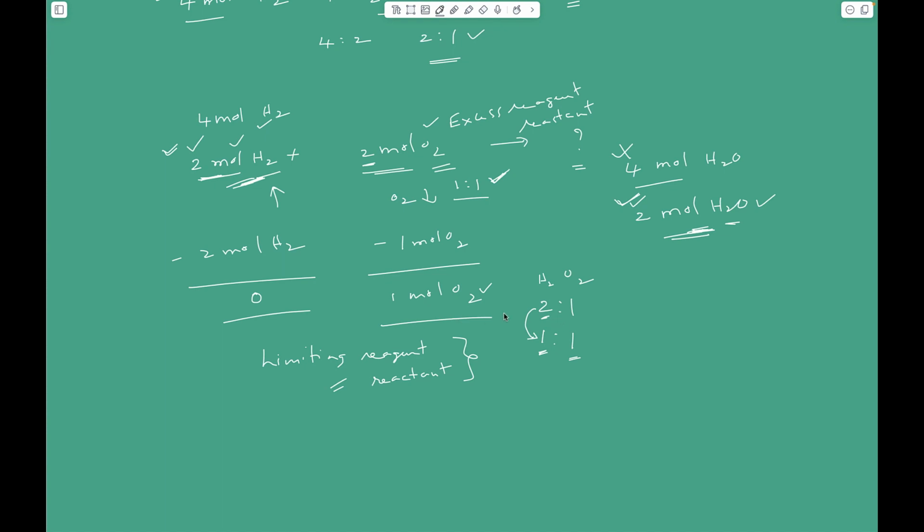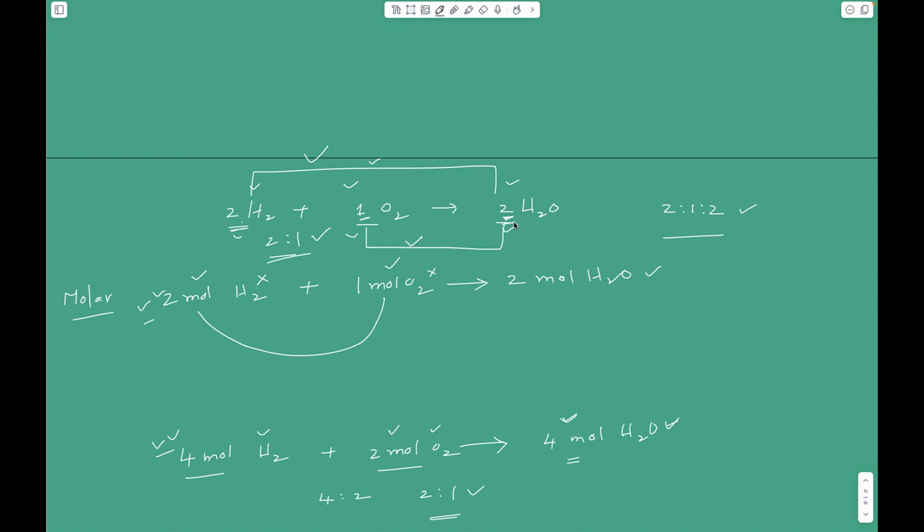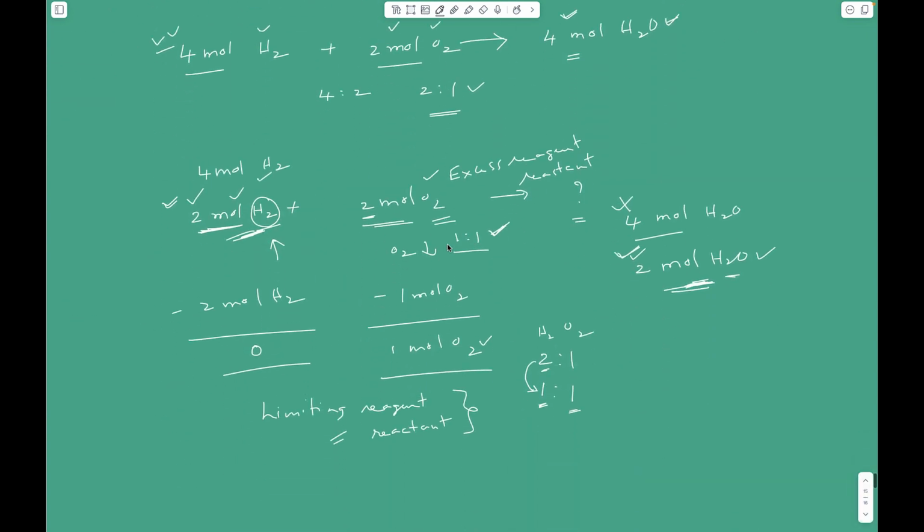Therefore, in this case, to calculate the mass of water formed, you have to use the relationship between the number of moles of the limiting reagent and the number of moles of product. So, the calculation obtained using this relationship is correct and this would be wrong in this case.